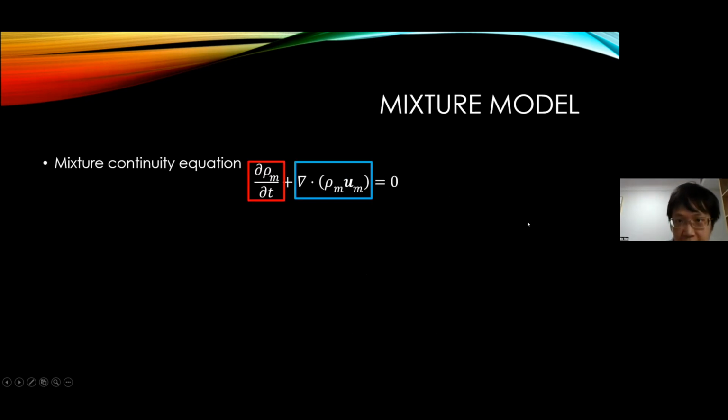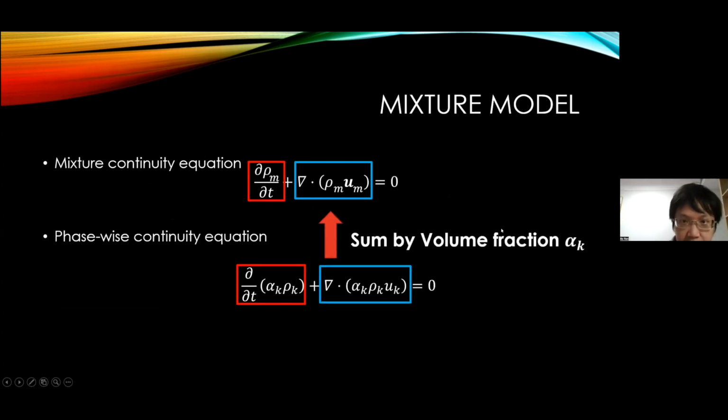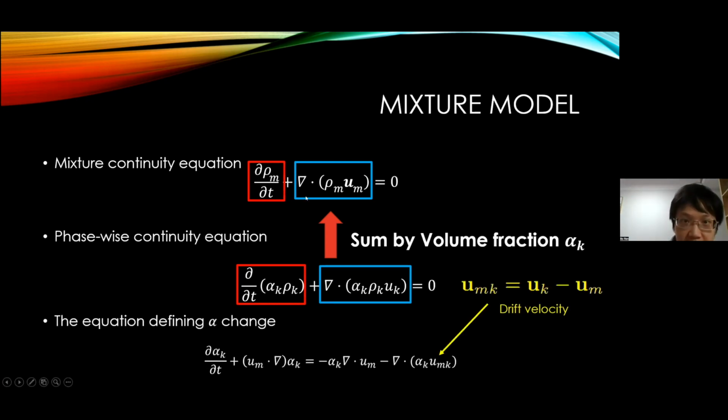A similar summation applies to the continuity equation, which is very similar to the single phase one, but there's an important difference: in the mixed model, we cannot assume that the divergence of the velocity is 0. I will talk about the reason in later slides, but for now let us move on.